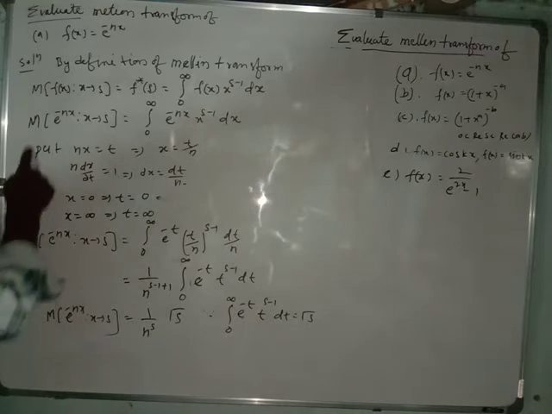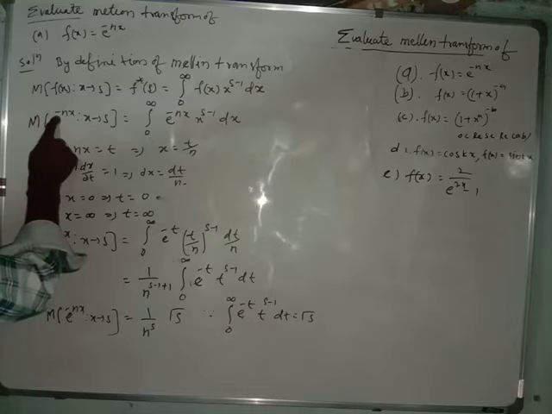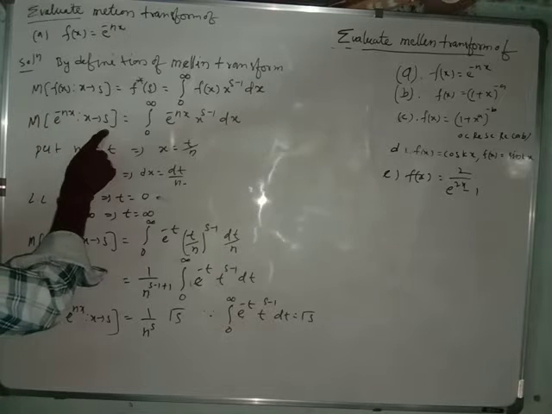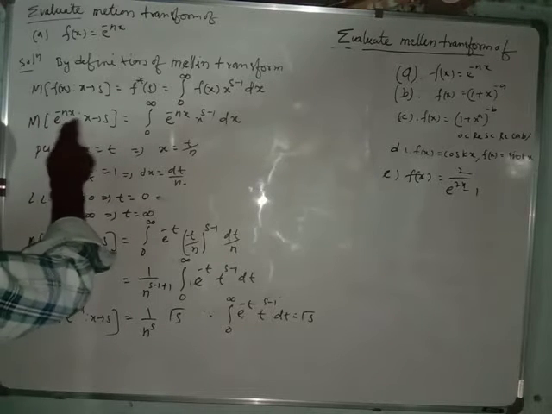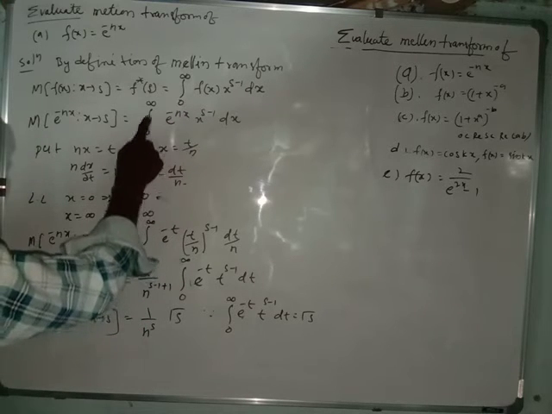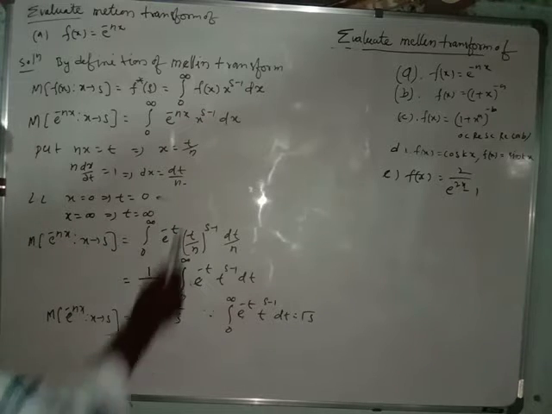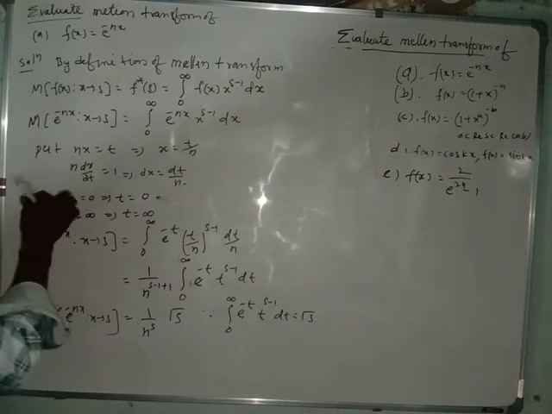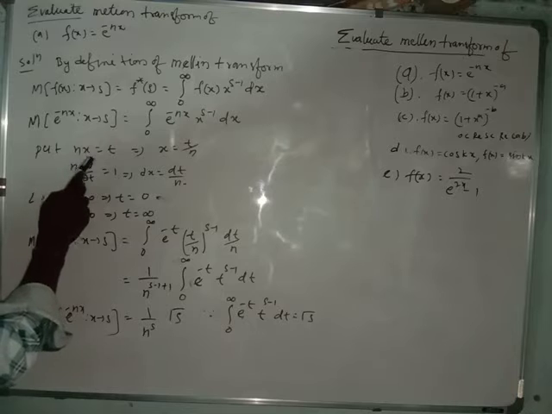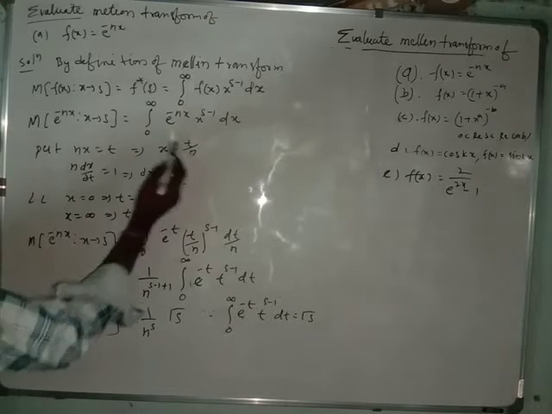Okay. Now for the Mellin transformation, we substitute the value e to the power of minus nx in place of f of x. So the integral from 0 to infinity of e to the power of minus nx times x to the power of s minus 1 dx. Now put nx equal to t, which implies x equals t by n.